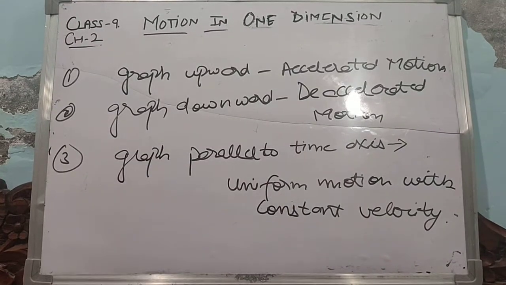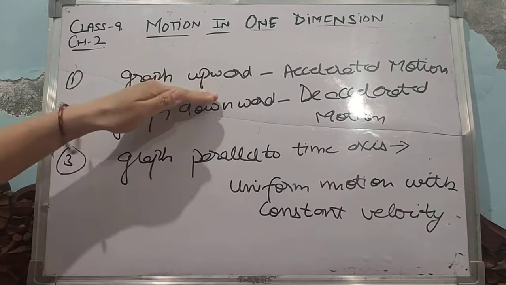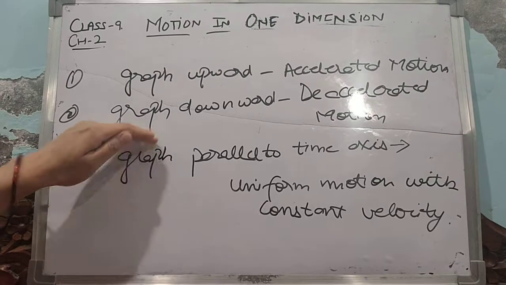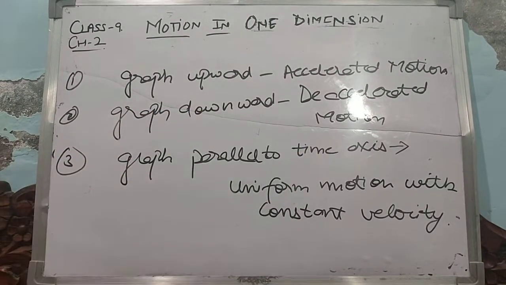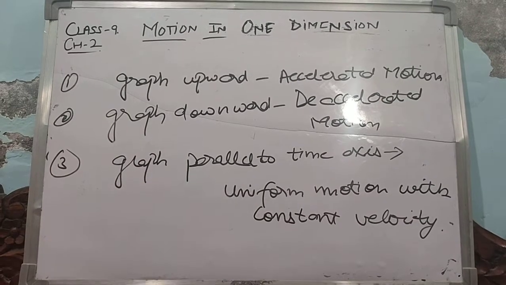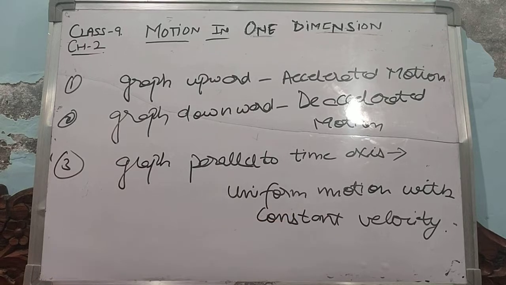So students, today we have learned three things: if a graph goes upward, then that is accelerated motion. If a graph goes downward, that is decelerated motion. And if a graph goes parallel to the time axis, that means the body has uniform motion with constant velocity.